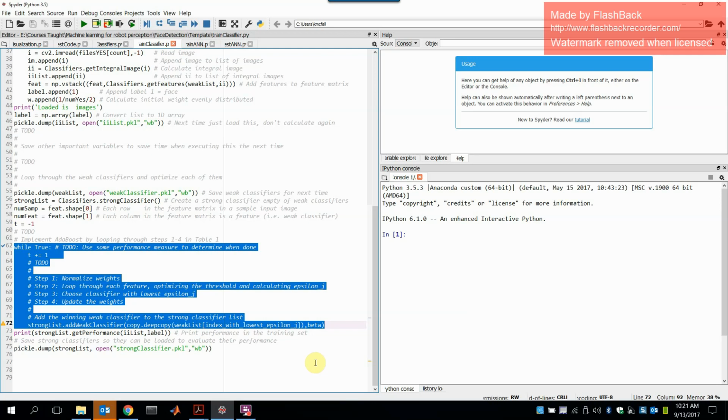Oftentimes we've set up these errors, and we've got this weighted average error where if you were correct, it counts the same as if you were incorrect. Now, that makes sense mathematically, everything's fair, but in actual operation it depends on what sort of trade-offs you have.